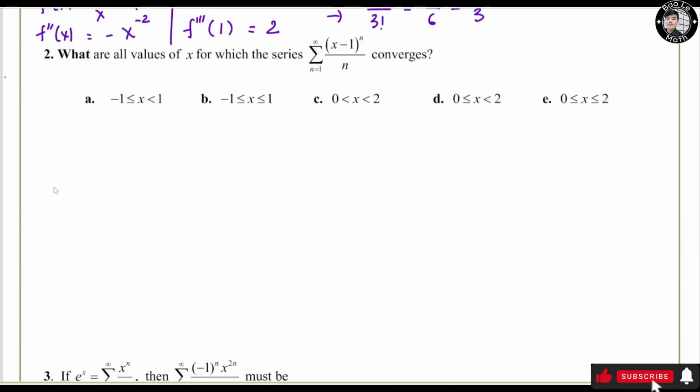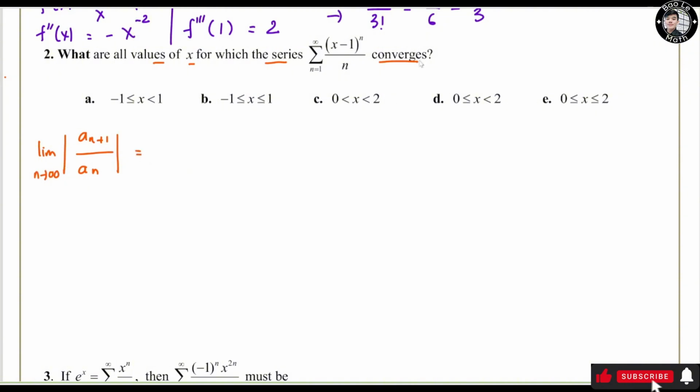Now let's move on to question 2. What are all values of s for which the series converges? Alright, so we're going to use the ratio test. We have the limit of the absolute value of a sub n plus 1 over a sub n as n approaches infinity.